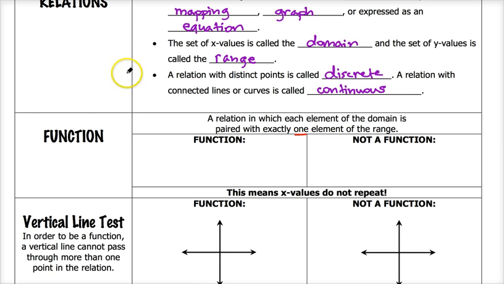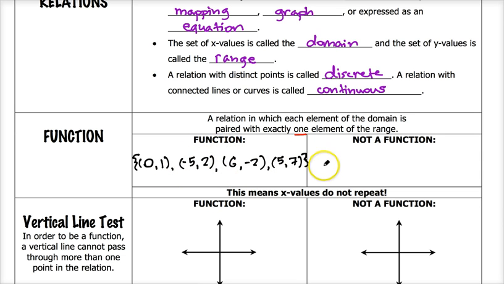If I had the set of ordered pairs (0, 1), (-5, 2), (-6, -2), and (5, 7). Okay, every domain value, 0, -5, -6, 5, is paired with only one range value, 1, 2, -2, 7. So this would be an example of a function.